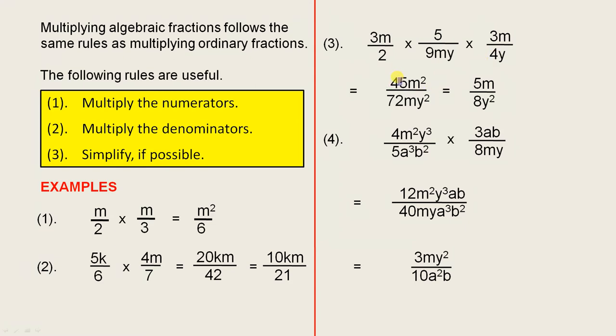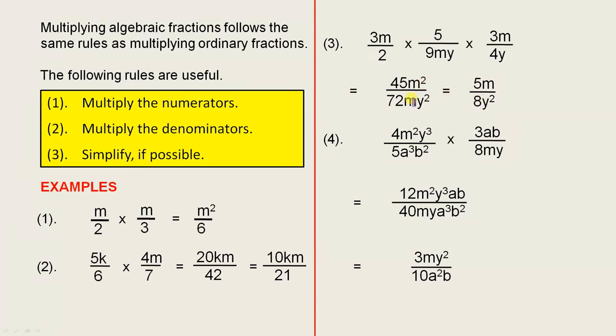Now here we have 45 and here we have 72. Now your knowledge of tables tells you that 9 will divide into 45 evenly and 9 divides into 72. So when we do the division for these numbers here, we get 5 over 8, because 9 5s are 45 and 9 8s are 72.